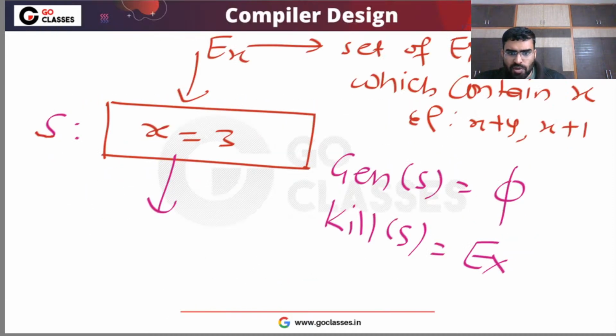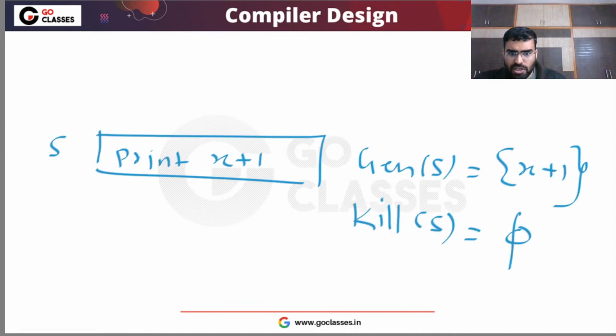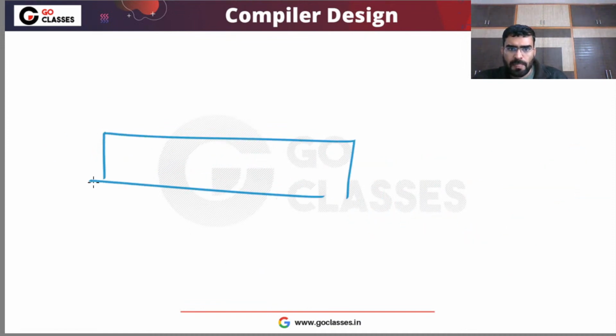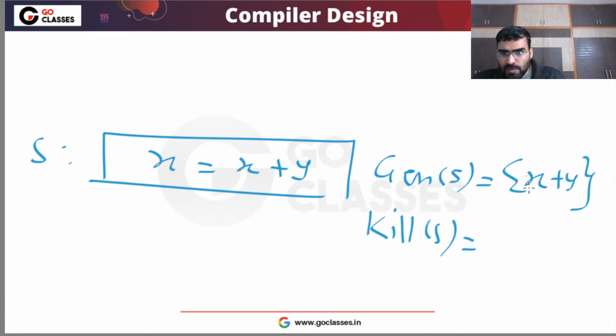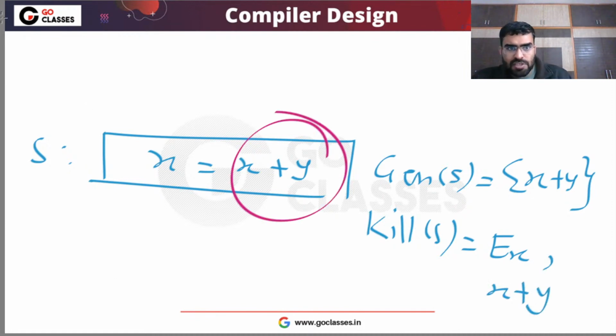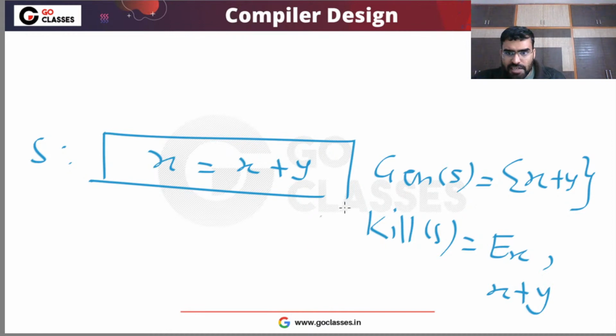Now similarly, x equal to x plus y, what will it generate and what will it kill? S will generate x plus y, and it will kill this Ex also and this x plus y also. Remember, this x plus y will be generated, but after that it will be killed.